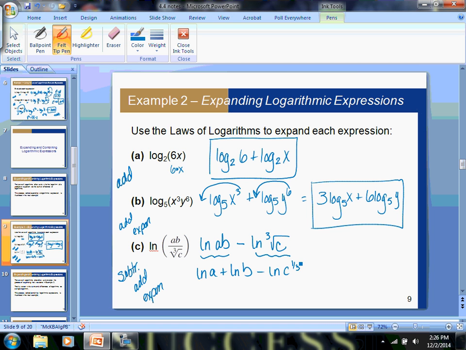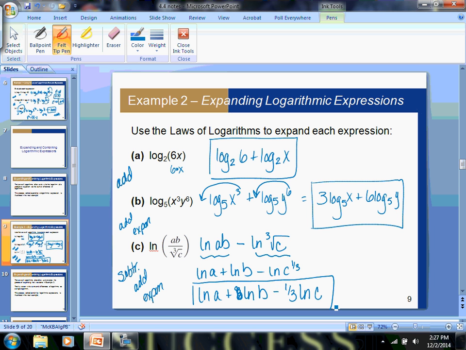So instead of a cubed root, I'll raise it to the 1/3 power. And then I'll leave my natural log of a and my natural log of b. And then I'm going to take this exponent and I'm going to drop it down. So I'll have 1/3 times the natural log of c. So that's as expanded as that expression can get.